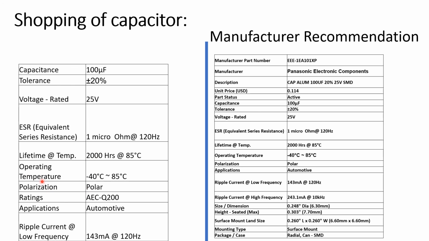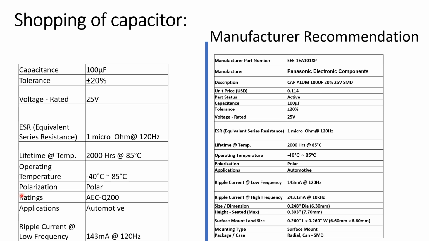Then what is your operating temperature range, like minus 40 degrees up to 85 degrees C? Or do you want a polar or non-polar capacitor? These are the inputs you have to give for the requirement. Then the application, if you want automotive, and ripple current, if you have like 123 milliampere at 120 hertz.